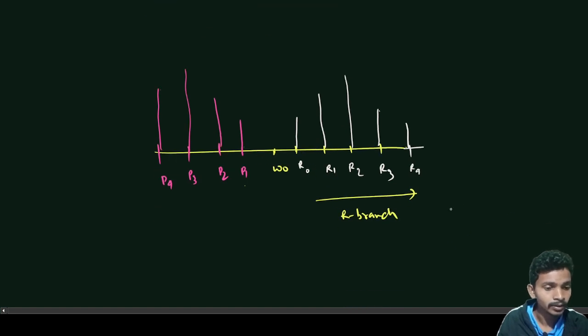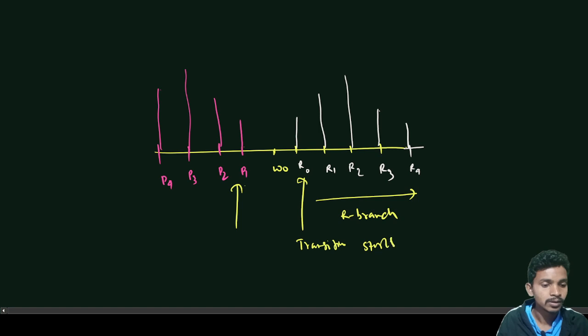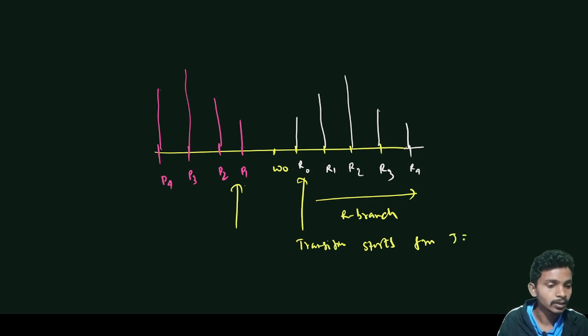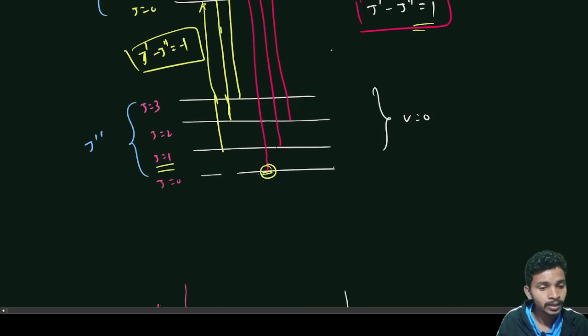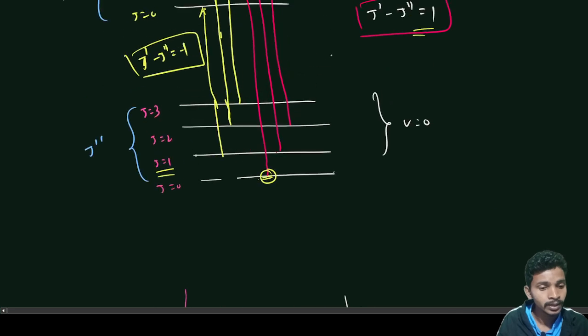Why is this R0 and here P1, not P0? Because the transition goes from j equal to 0 to j equal to 1, that's why we say that this starts from R0. Whereas for this type of transition, it starts from j equal to 1 to j equal to 0.